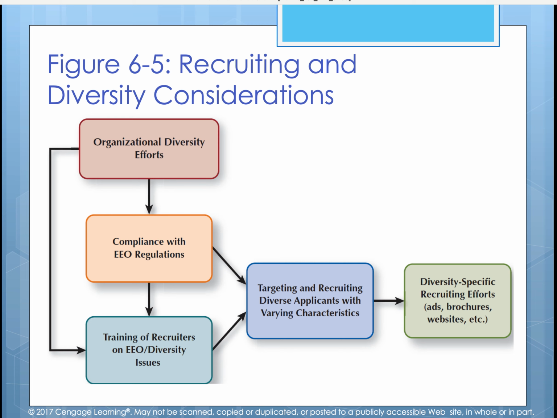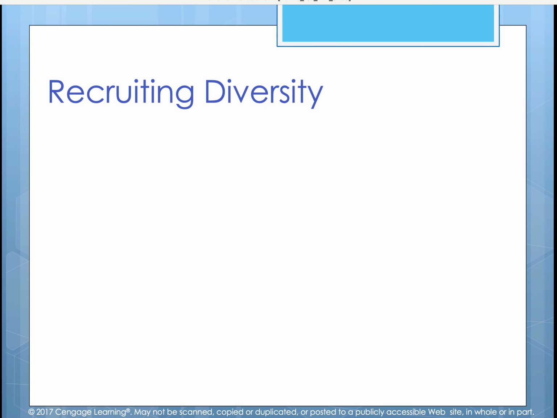And then from both compliance and training, that goes into how we target and recruit applicants, and then the efforts that we put into it through our advertising, our website, and our brochures. So here's the input and there's the output.